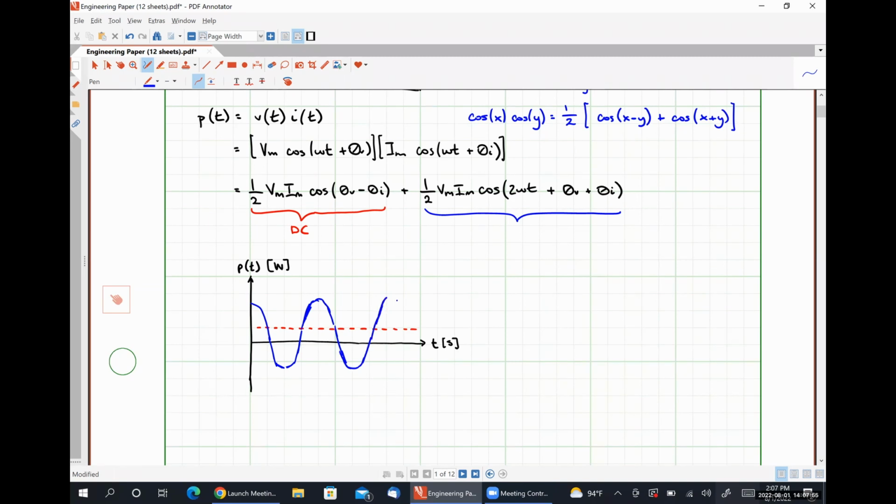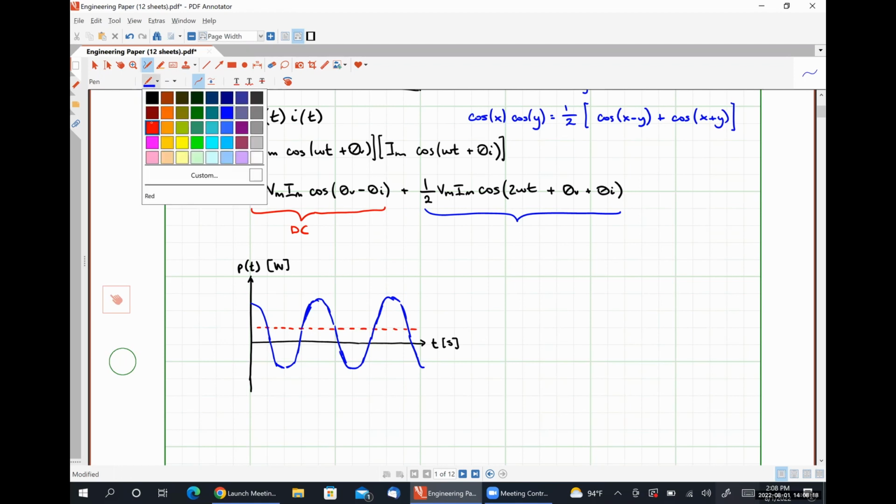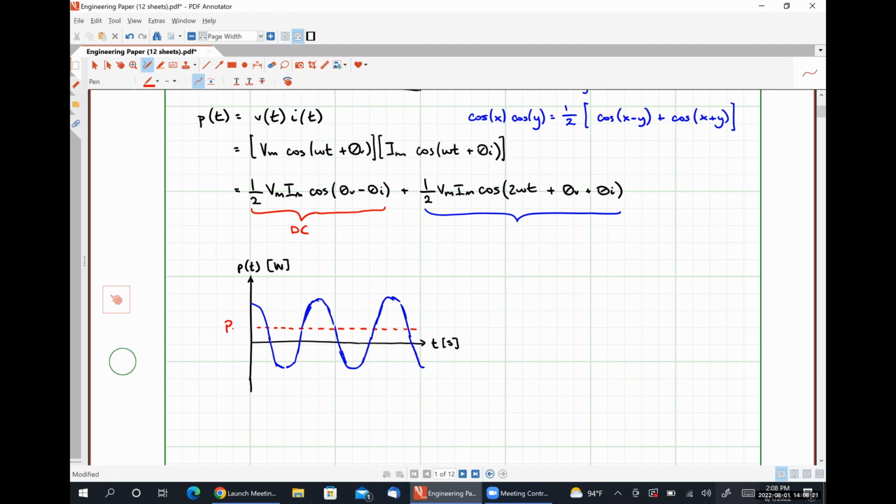Where exactly half the time our AC power signal is above our DC offset, and exactly half of the time our AC level is below our DC offset. So we can actually call the DC contribution the average power, because half the time the power is above this value and exactly half of the time the power is below this value. And we'll more formally mathematically explain this shortly.